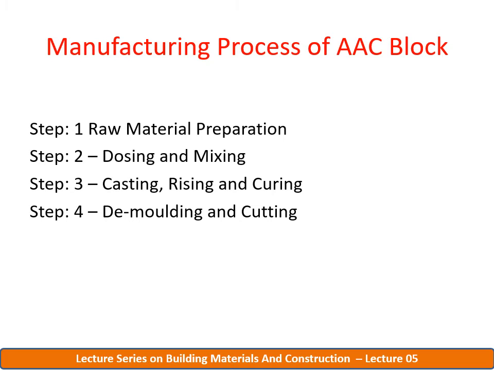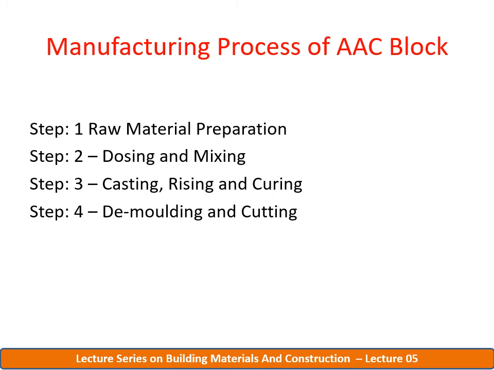Next is the ordinary Portland cement. Ordinary Portland cement is used as a main binder material in the block. The main function is to provide early strength to the block and also ensure better cost effectiveness.